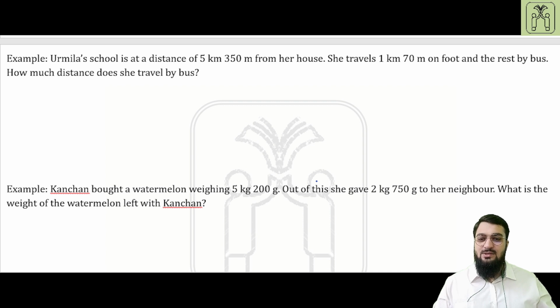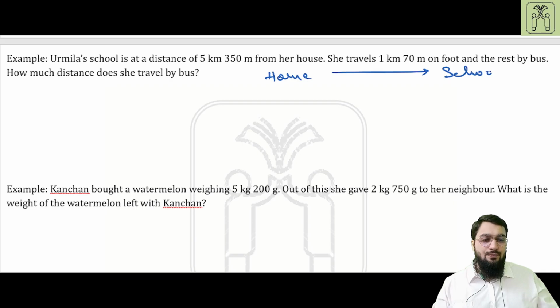How much distance does she travel by bus? So basically what they have mentioned is that from her home to her school, she travels some distance by walking and the remaining distance by bus.